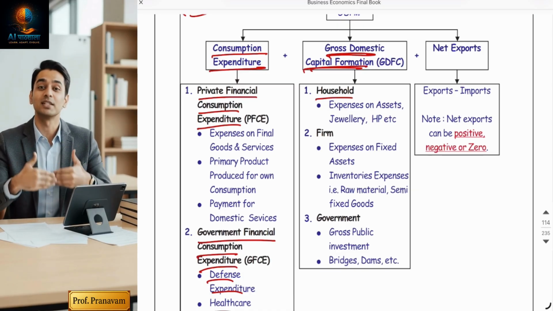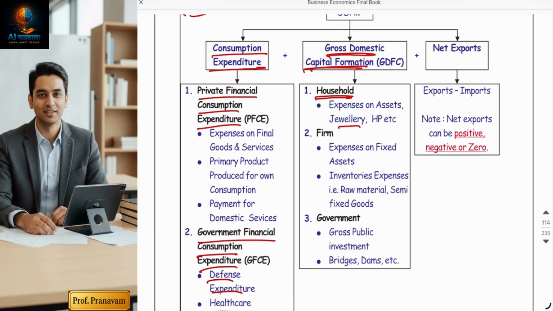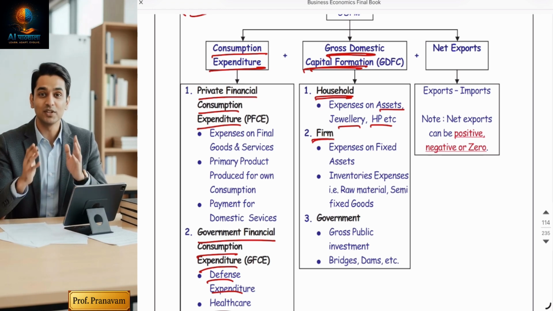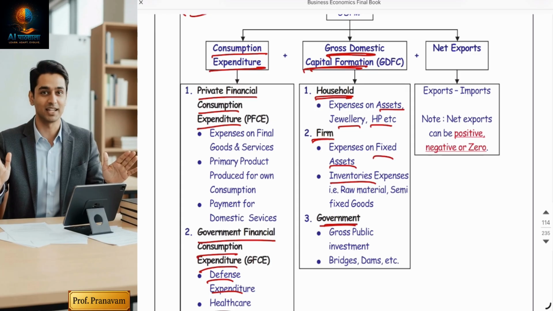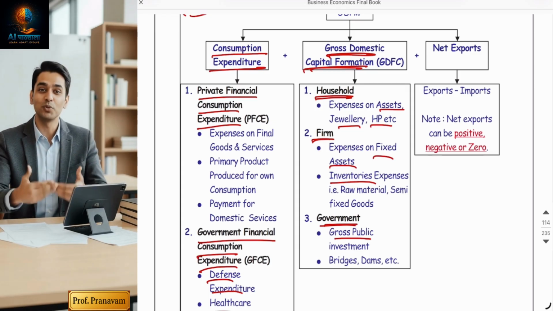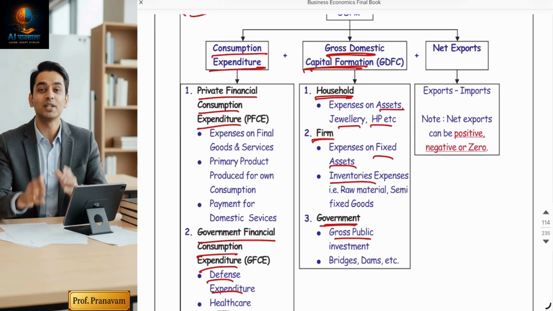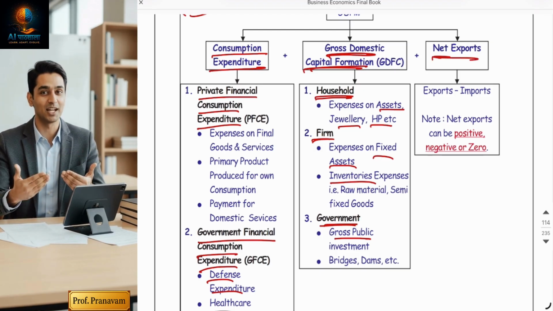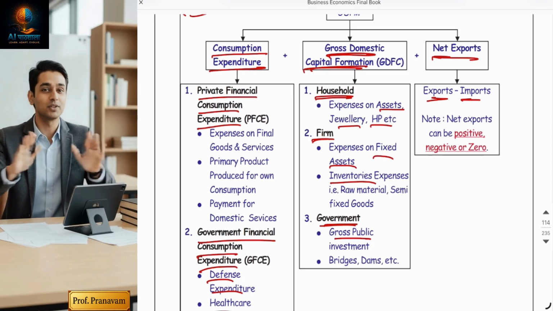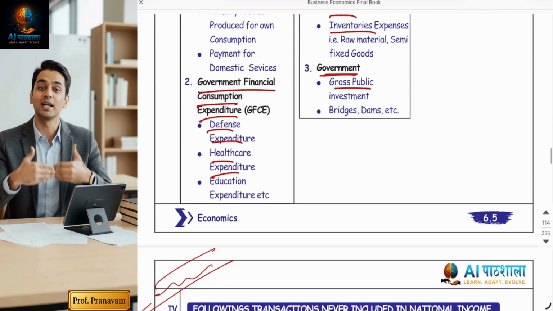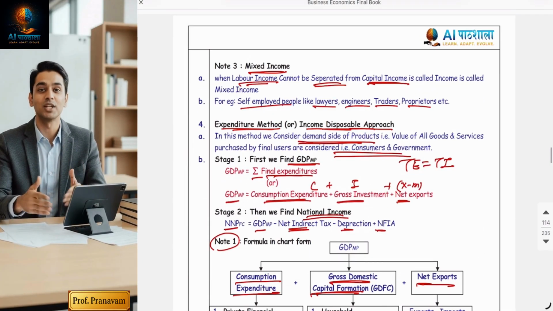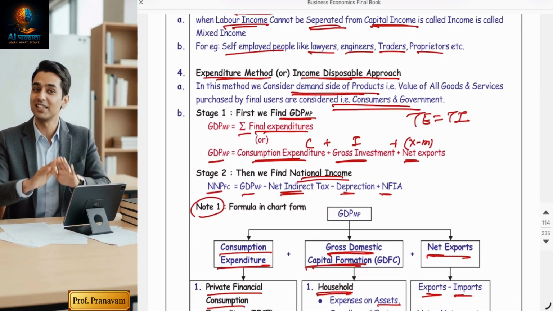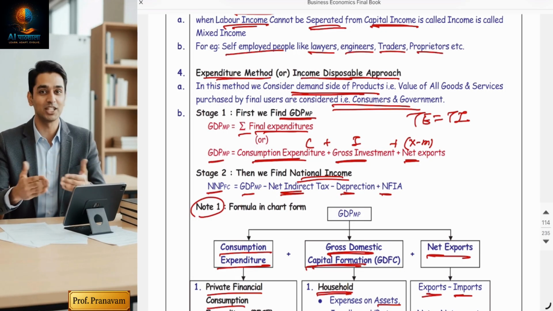It's investment done by households also in jewelry, house property, assets. Investment is done by firms also in their fixed assets and inventories, and investment is done by government also. When I say the whole society, society comprises households, firms and government, all the three. Net exports is exports minus imports. So this is how we derive national income from the expenditure method.